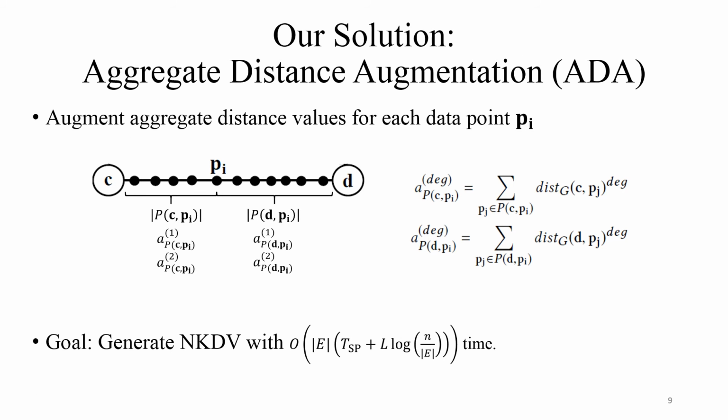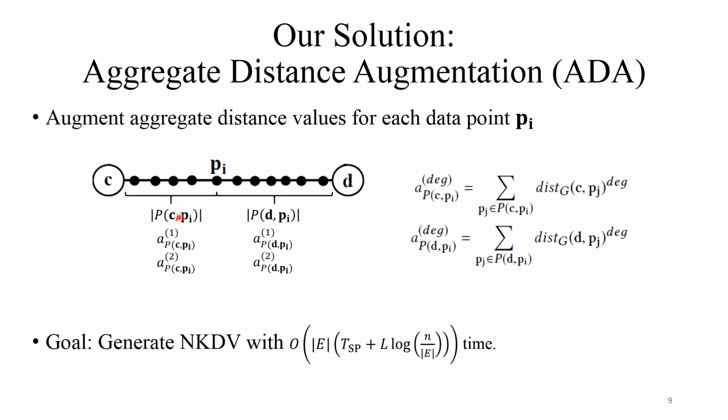After we understand the general ideas of the state-of-the-art solutions, now let's talk about the general idea of our solution, called Aggregate Distance Augmentation, ADA, which is super simple. The idea of our method is to augment these aggregate terms, that's meant here, for each data point in each edge of the road network.